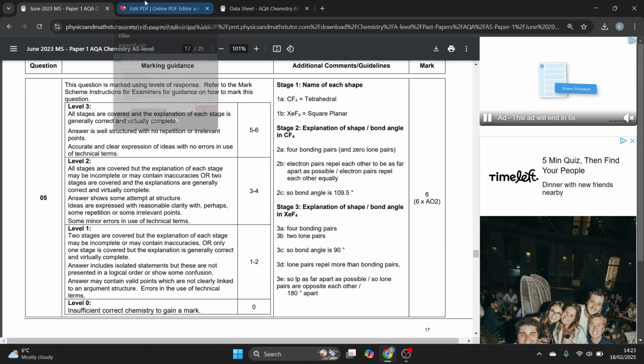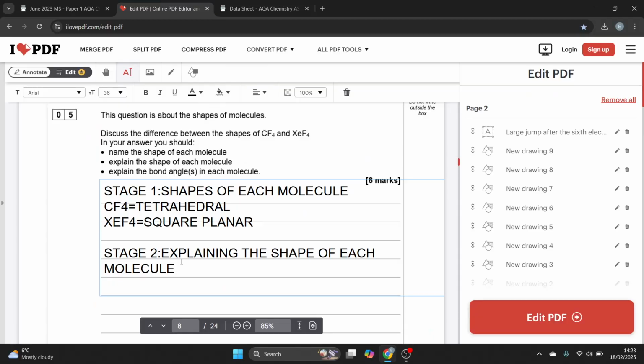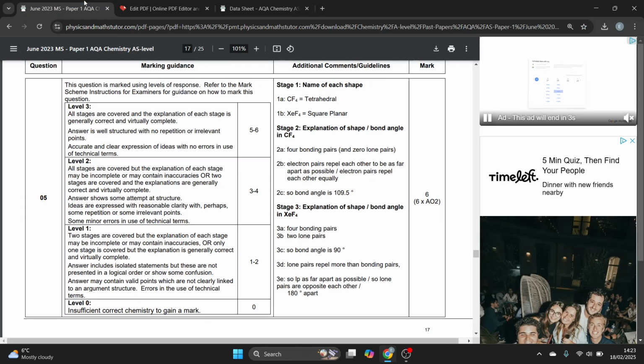Well, 4 bonding pairs, 0 lone pairs in CF4. 4 bonding pairs, no lone pairs. The electron pairs repel each other to be as far apart as possible.